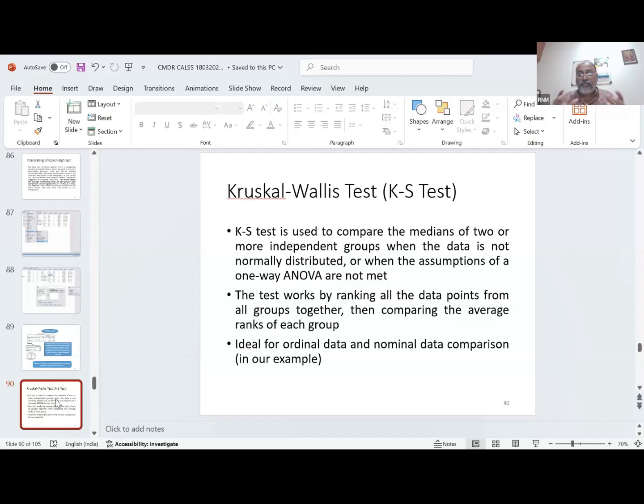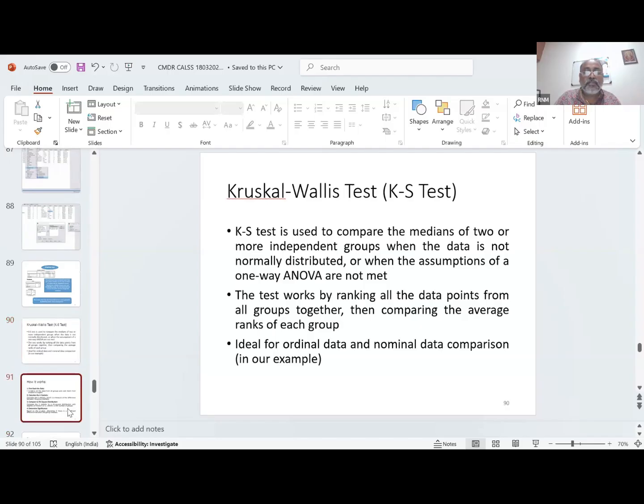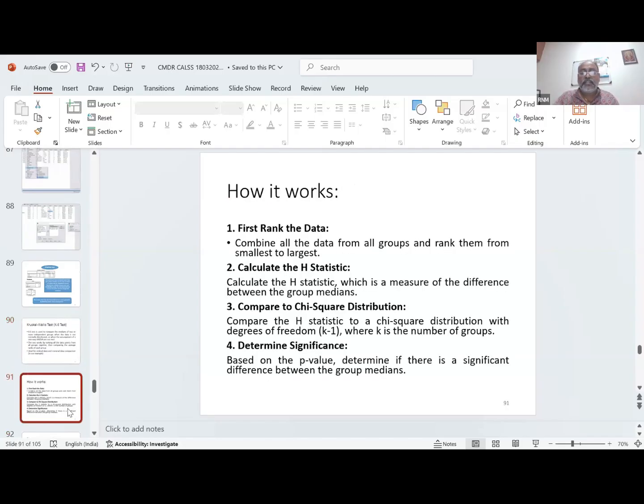Then it calculates the statistic and compares whether the differences in the ranks across groups are statistically different or not. It is ideal for ordinal and nominal data comparison. I have shown you the same thing earlier. So this is the process it follows.